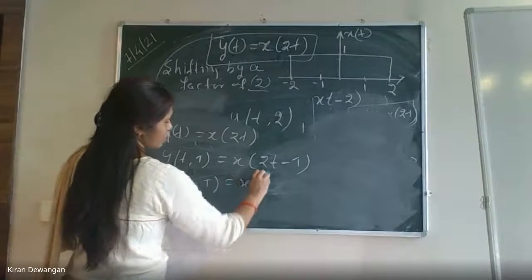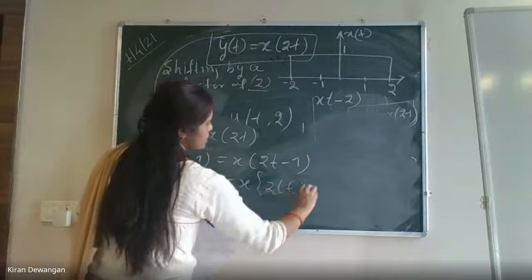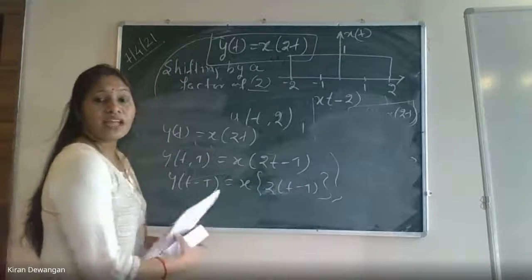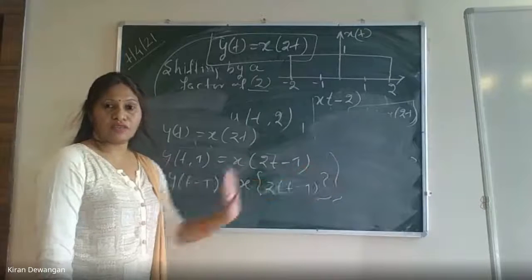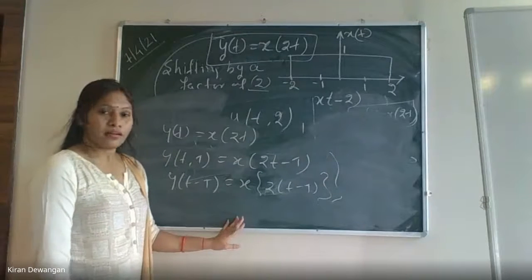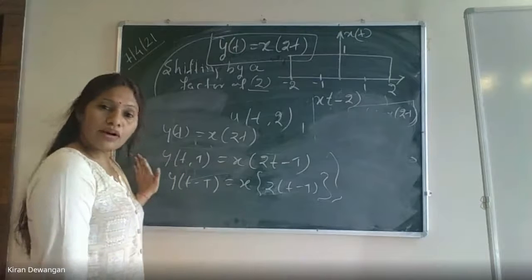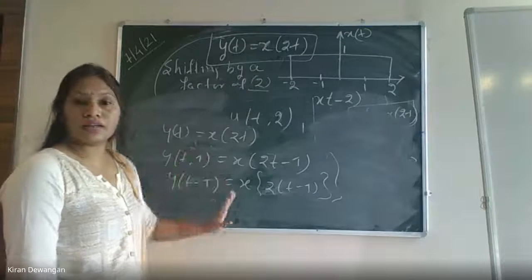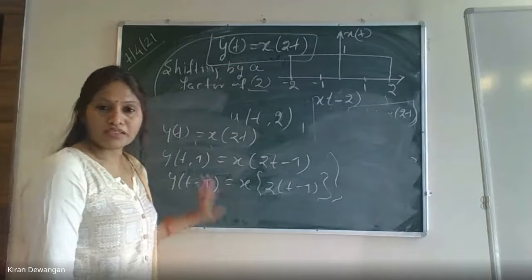That means x of 2t minus t. तो ये तो हमें पता है कि this is not a time invariant system. That is what we did graphically. ये हम theoretically कर चुके हैं, and there we did it graphically. ठीक है? Is this part clear?